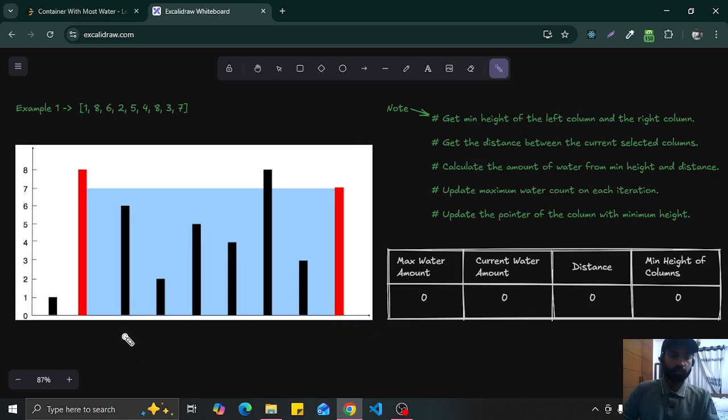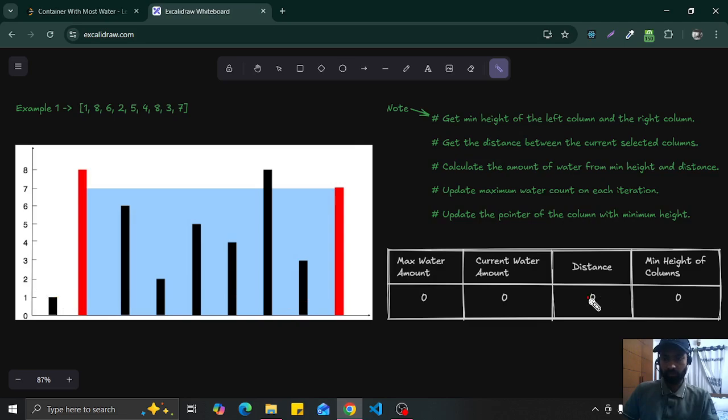So if we consider this one and this one, the leftmost column is at index 0 and the rightmost column is at index 8. So 0, 1, 2, 3, 4, 5, 6, 7, 8. So for this one the distance is 8.